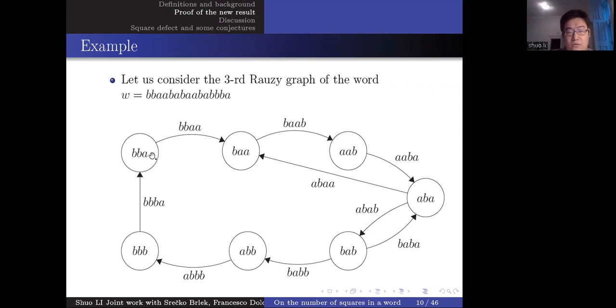Two vertices are connected by an edge. For example, let's take a look at this one. These two vertices are connected by this edge if and only if the first one is a prefix of the edge and the second one is a suffix of the edge. And we do this for all, and we will get a graph like this.